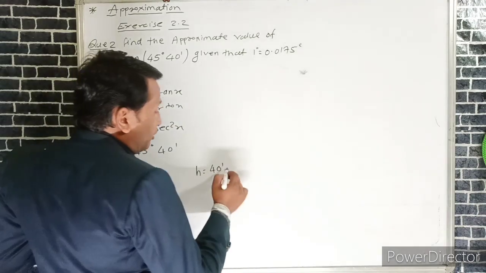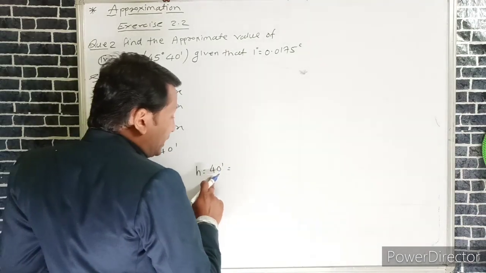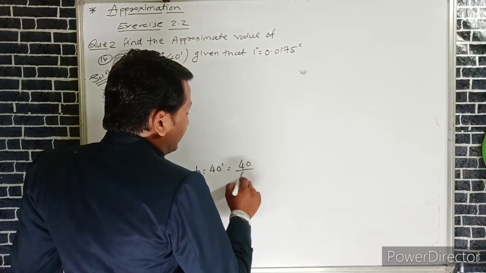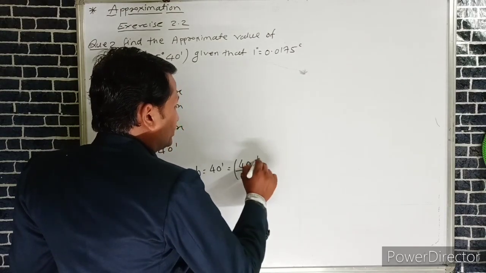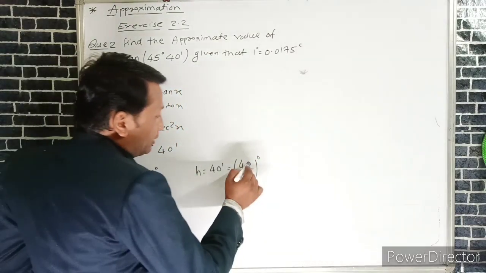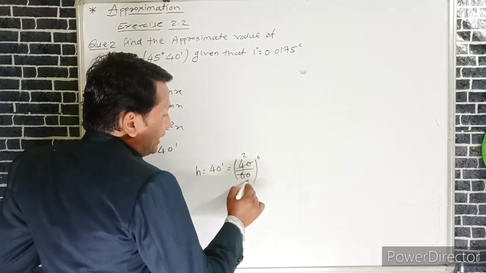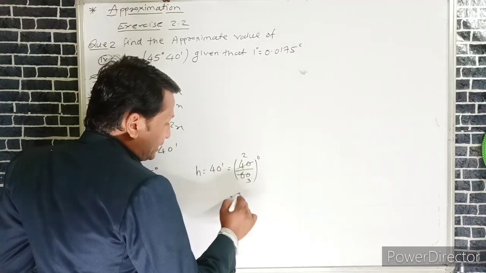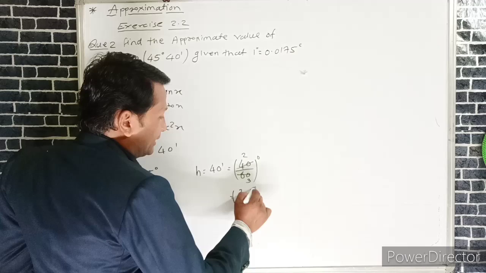If we convert 40 minutes into degree, it is 40 divided by 60, which is 2 by 3 degree.